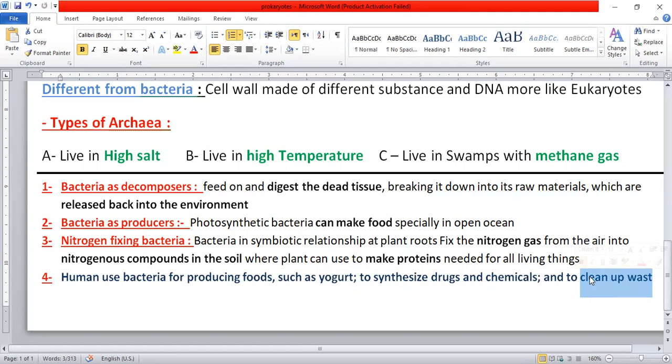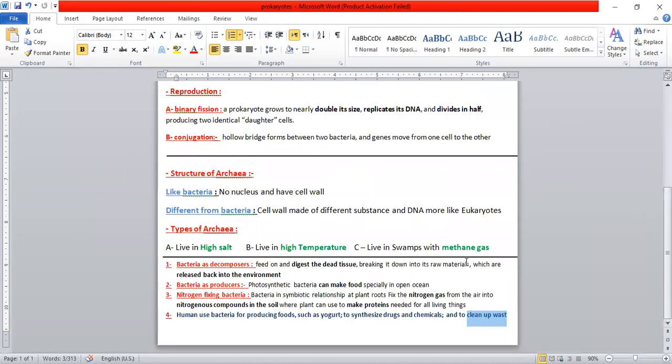Some bacteria could be used to clean the oil spills in the ocean. They put bacteria that are able to break down this oil into harmless substances, so we can clear the oceans by using some kinds of bacteria, okay? That's it. So it's a very short and easy lesson.